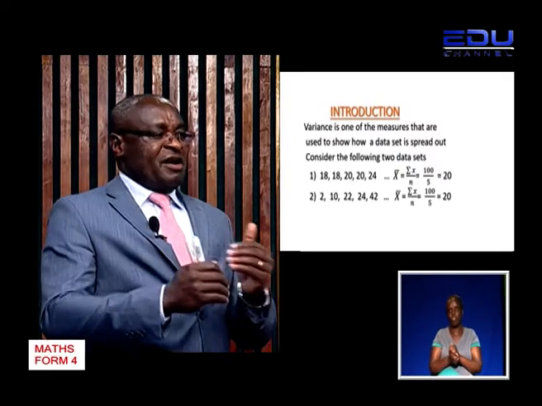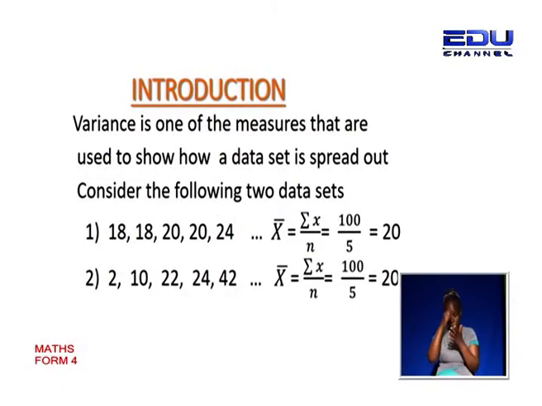When we are looking at variation, our interest is how far is that data point from the mean of the group. For example, if I was to look at the first student, if the mean of that student is 20, how does 18 vary from 20? How does 24 vary from the mean, which is 20?